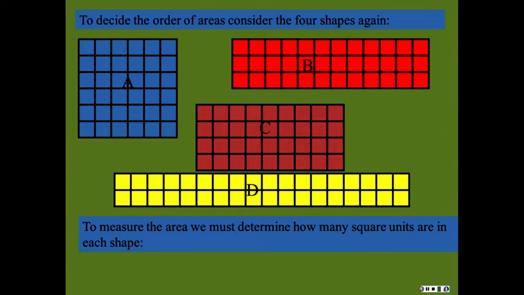So even though these may look like they're different sizes to the naked eye, when you actually put squares on top of them, they're all the same area. Okay? Every single one of these has the same area. 36 square units.